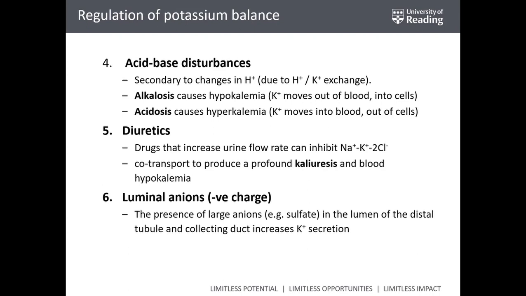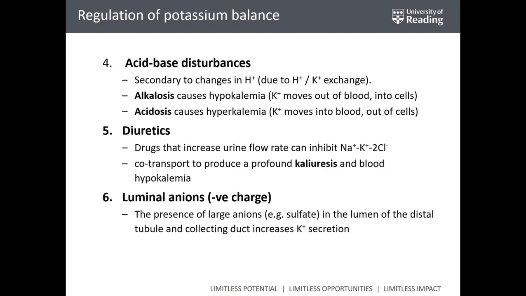While the acidosis of blood, so a decrease in the pH of the blood, causes hyperkalemia, so an increase in the concentration of potassium in the blood, so potassium moves into blood out of cells.